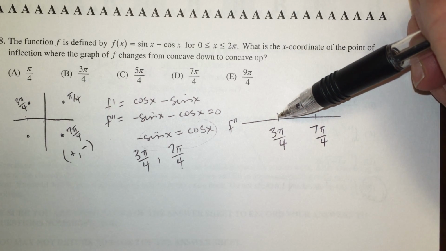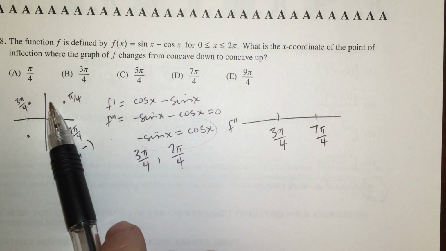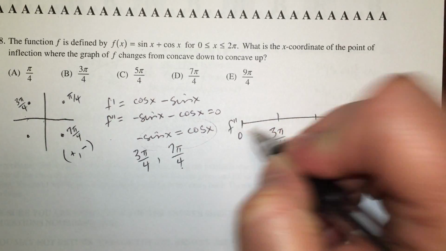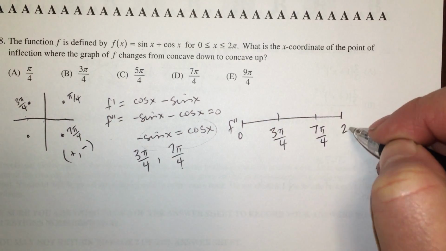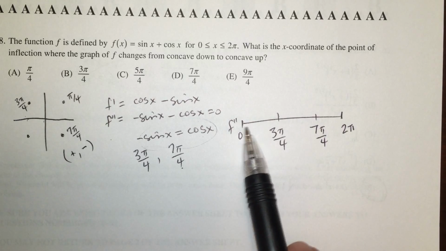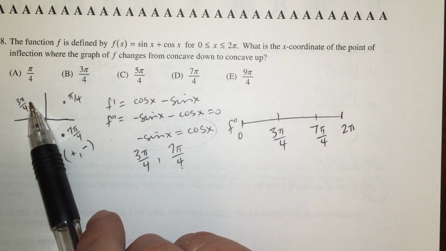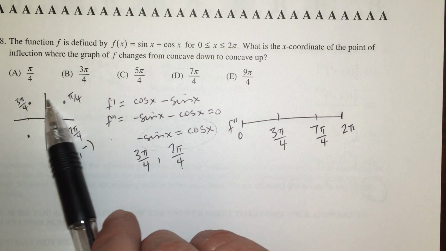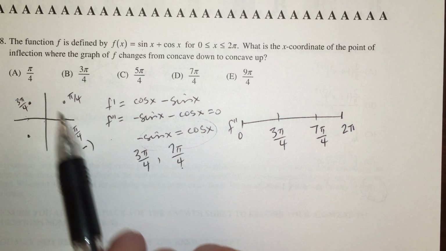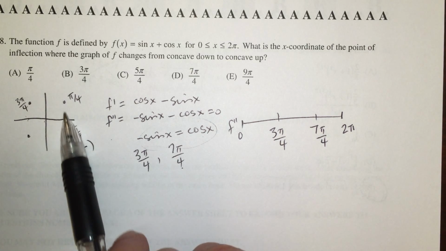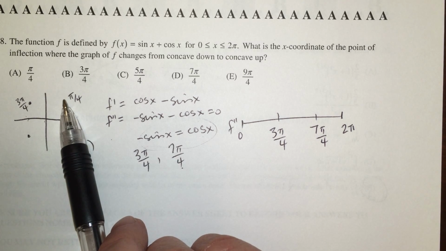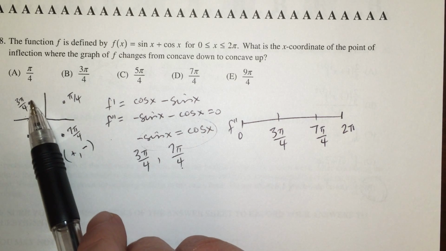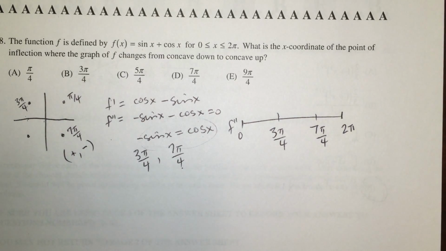So as we go from 0 to 2 pi for our endpoints, in quadrant 1 and up to here in quadrant 2, cosine is positive, sine is negative.